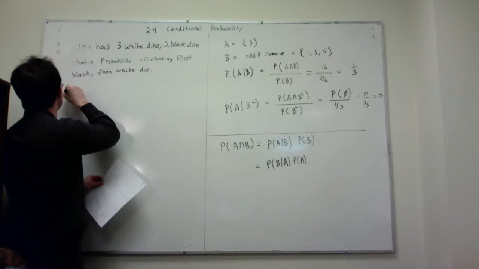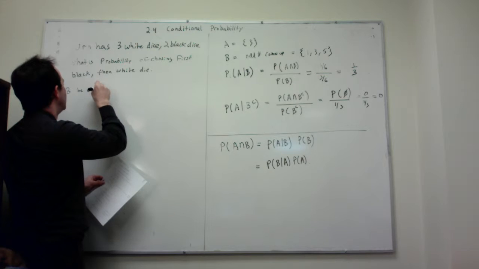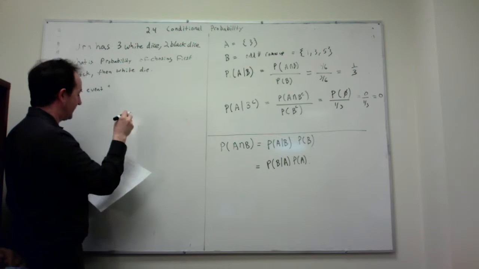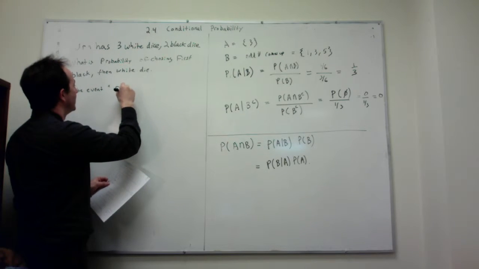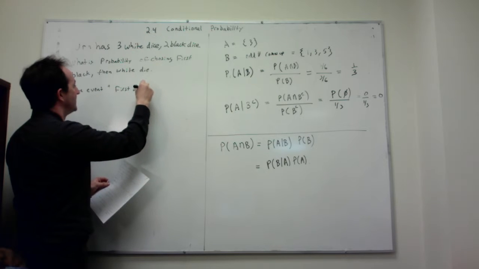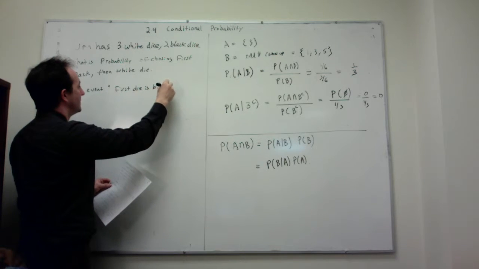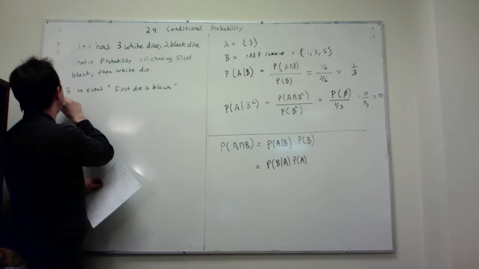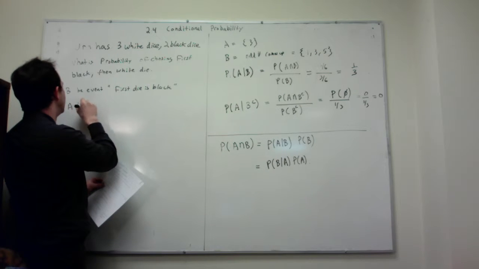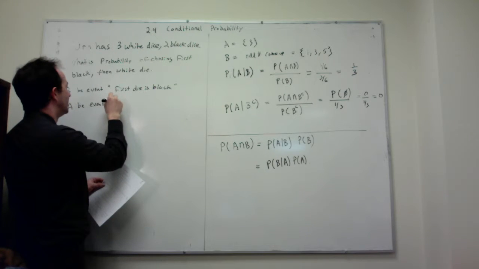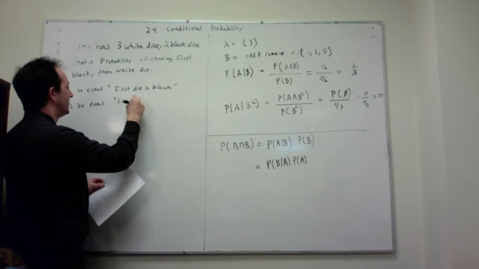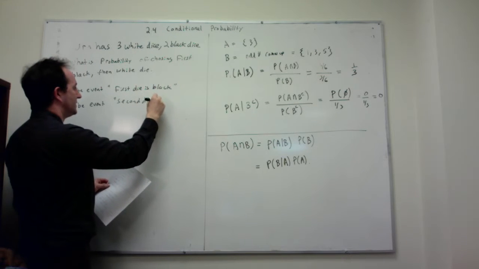Let B be the event the first die is black. And let A be the event the second die is white.